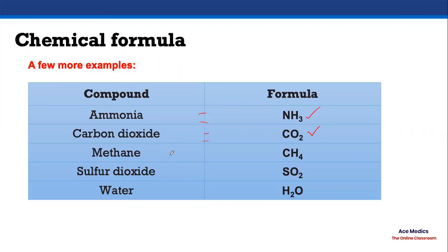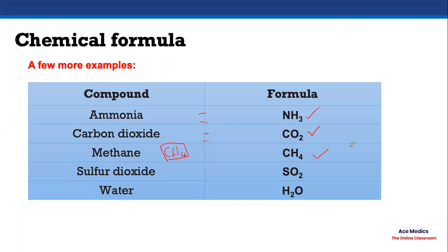The next one is methane, a type of hydrocarbon, with the chemical formula CH4. We will look at methane a bit later on in the lesson, as it's used as a fuel.